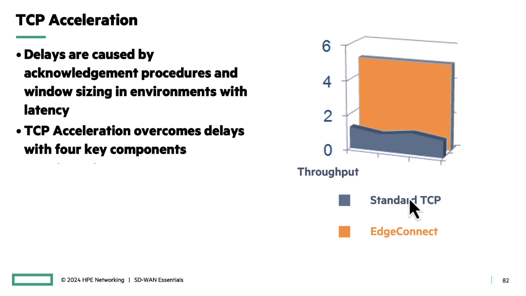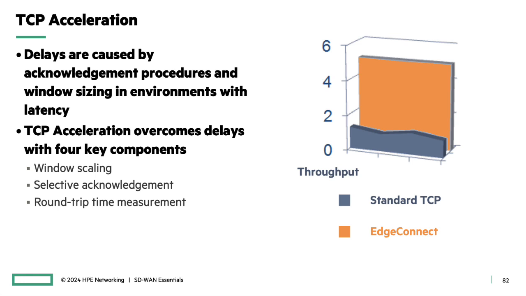Acting at the TCP layer, this acceleration modifies network behavior in 4 key areas. Window scaling, which allows EdgeConnect appliances to expand the size of the TCP transmit window by a factor of over 250 compared to a standard device's TCP stack. Doing selective acknowledgement, which reduces the number of retransmissions in a lossy network environment.